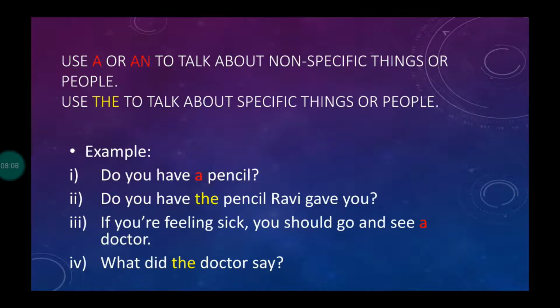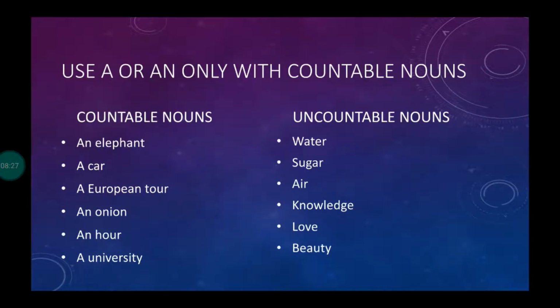Then why do you use the? Because you know which doctor your friend visited. You know it is some particular doctor, right? Your friend has already told you about the doctor he or she visited. So you will say, what did the doctor say? Have you understood this, children? Well, we'll go on to the next slide.